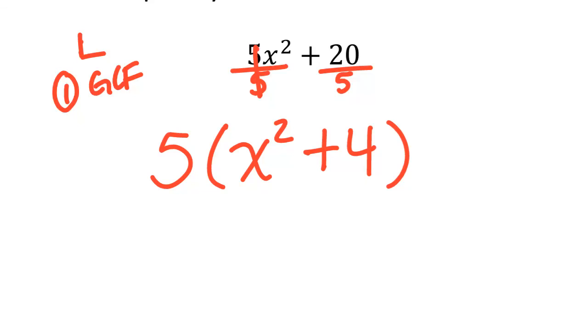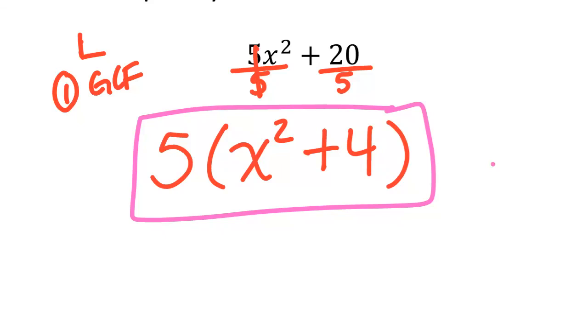Now, the question came up, two people asked me this question. Does that mean this is prime? No, why not? It had a GCF. Good job. If you take something out of it, then it's not prime. That's just a GCF.